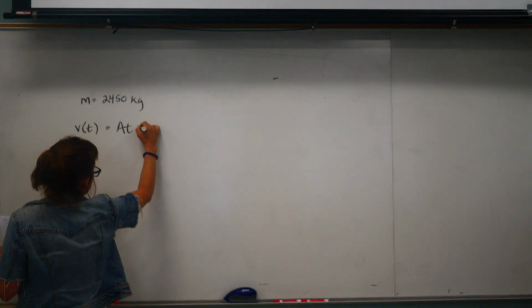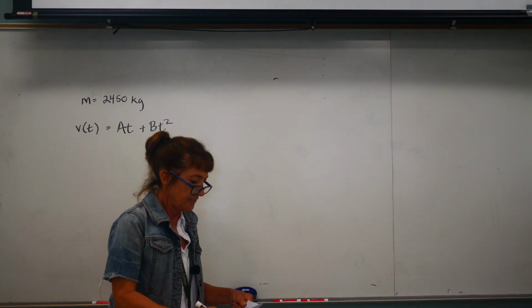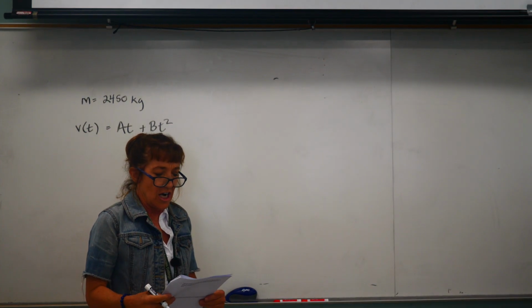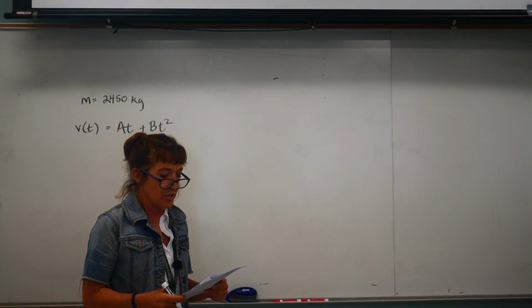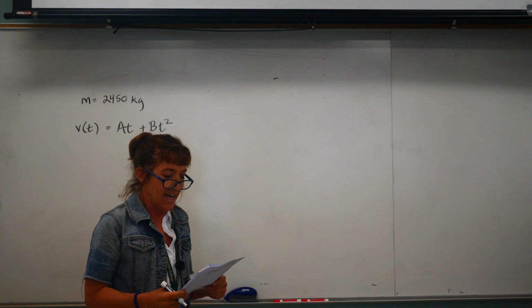And we know that v of t equals At plus Bt squared, where A and B are constants and time is measured from the time fuel is ignited.